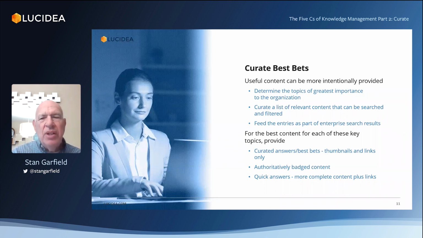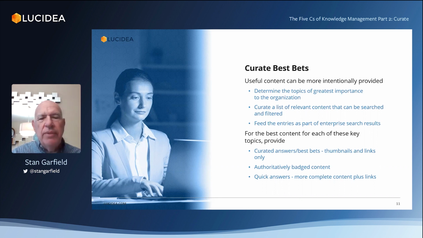And for the best content for each of these key topics, you can provide curated answers, best bets. These can be thumbnails, brief descriptions. They can be links. They can have additional information. Beyond that, they could have authoritatively badged content, meaning that some expert has tagged the content as being the best and the most definitive.